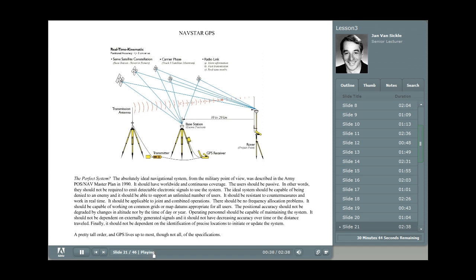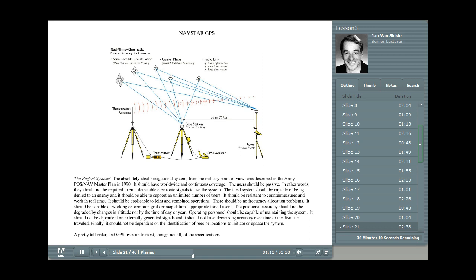It's resistant to countermeasures, meaning spoofing, for example, is a term used to indicate the idea that a bad guy could broadcast a signal that appears to be a GPS signal to try to confuse the receivers. Well, with the pseudo-random noise code being such a complex code, it is rather difficult to mimic.